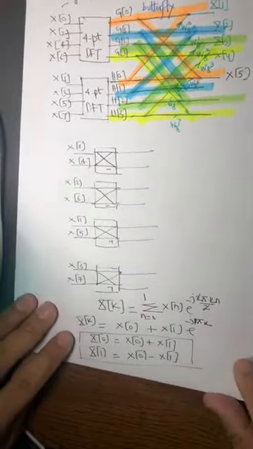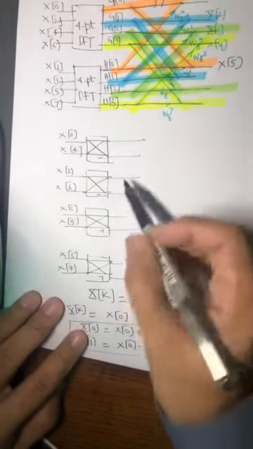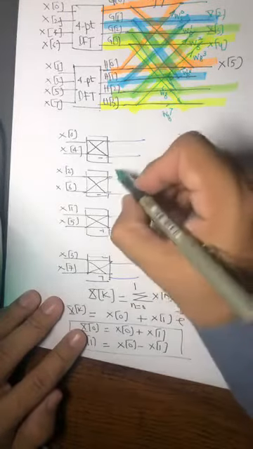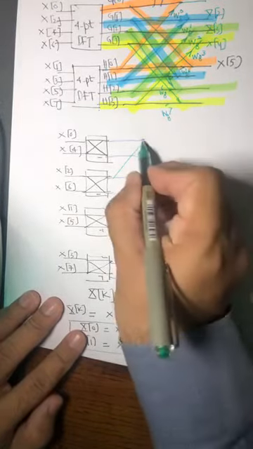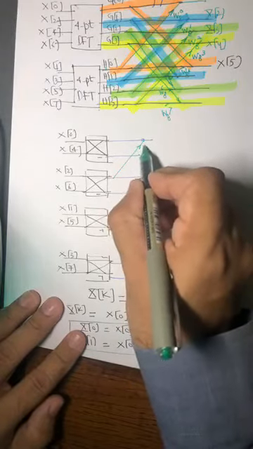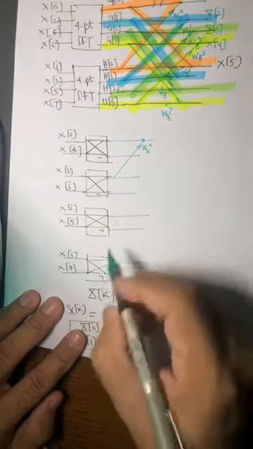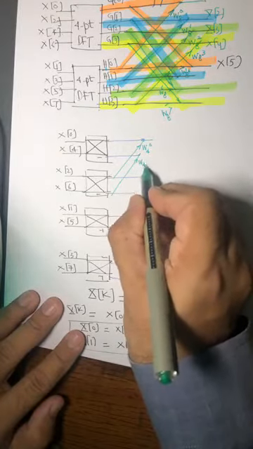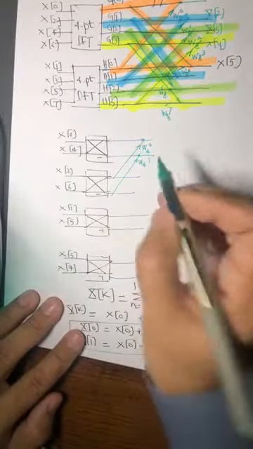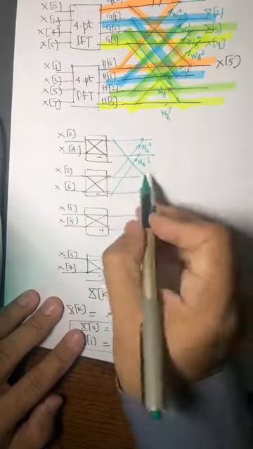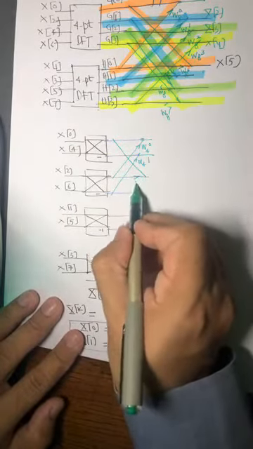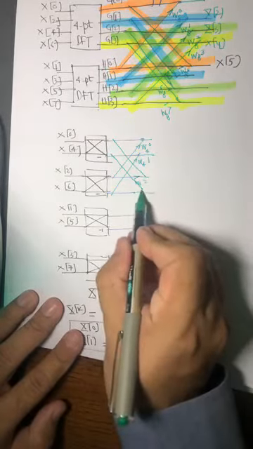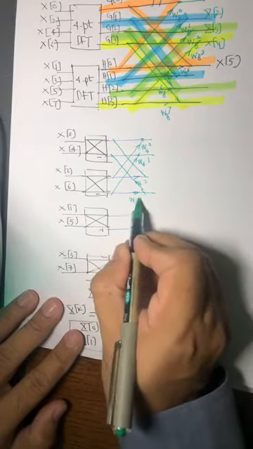Now all you have to do is combine these using the same formula. What do you do for that? You take this up and you multiply this with W4^0, and you take this up, you multiply this with W4^1, and then you bring this down to make it a butterfly, W4^2, and you bring it down and you have W4^2.